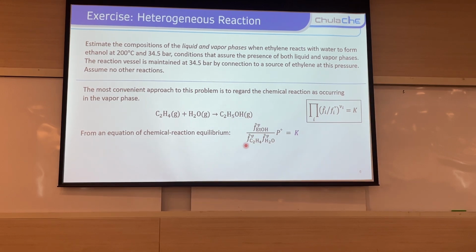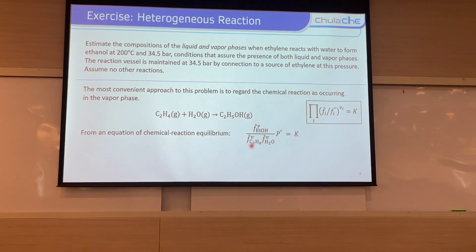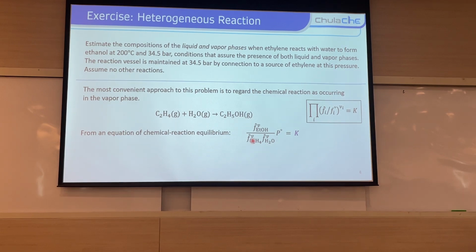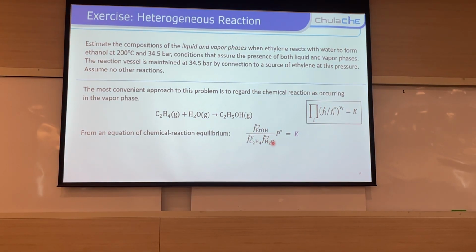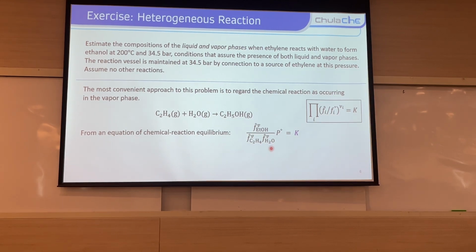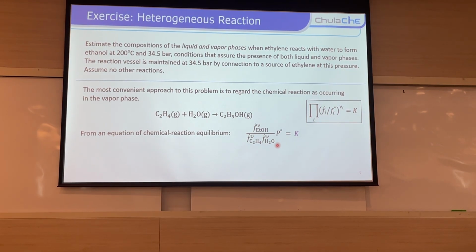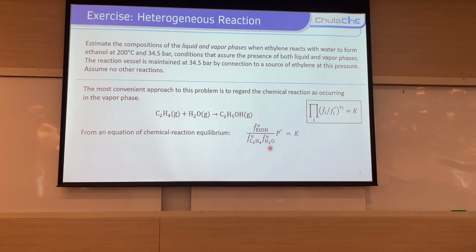And for the denominator, you have the fugacity of the ethylene over the standard pressure times the fugacity of water over the standard pressure as well. So in summation, when you eliminate the same terms together, you get only one standard pressure here.